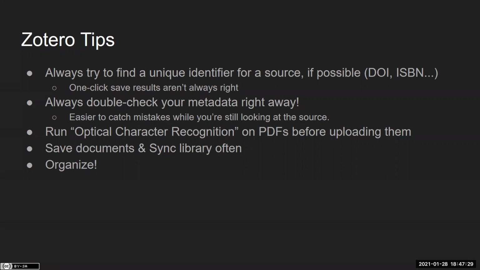Try and get as close as possible. So get to that library catalog version, or get to the version in JSTOR or something like that. And if you have an identifier number like a DOI or an ISBN, use that or click on that to try and go to that source, because that way you prevent a lot of the errors that Zotero has in finding the bibliographic data from the website, and that should help.